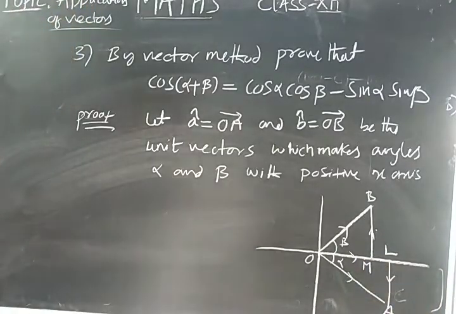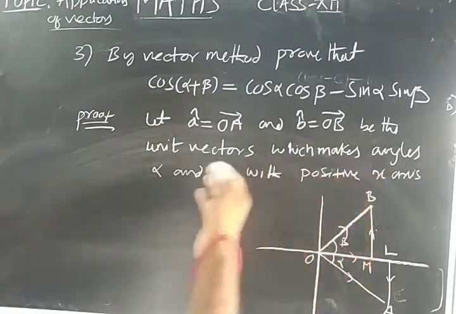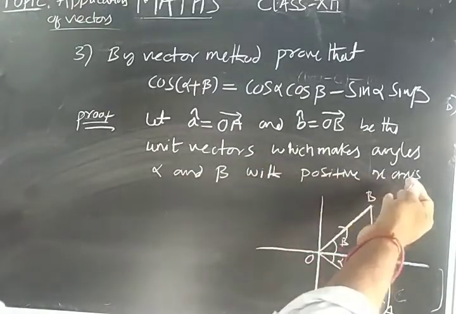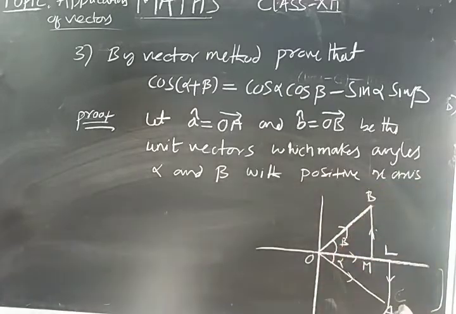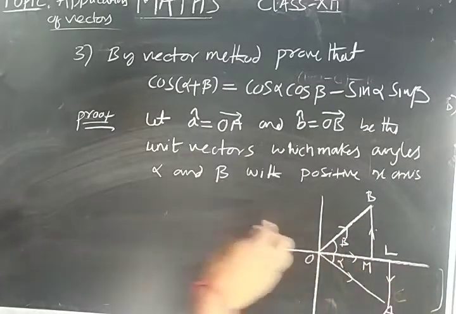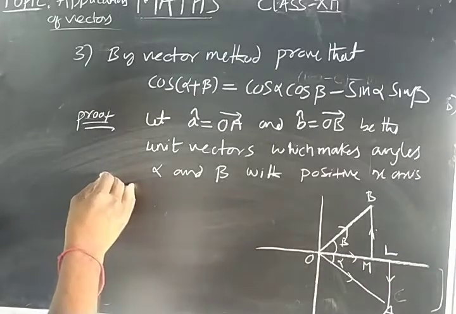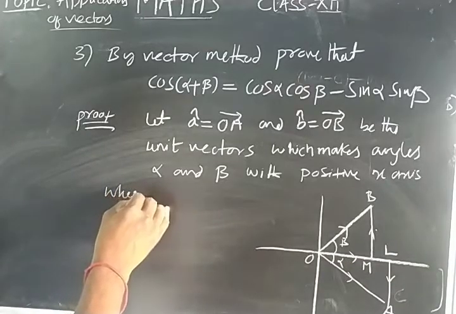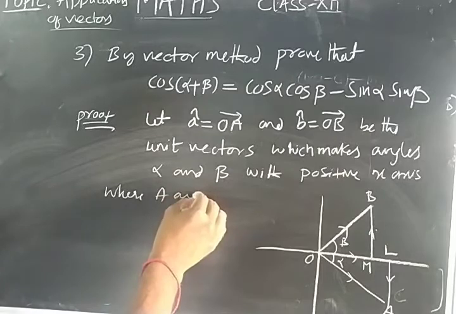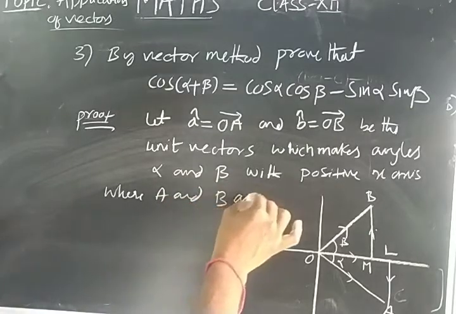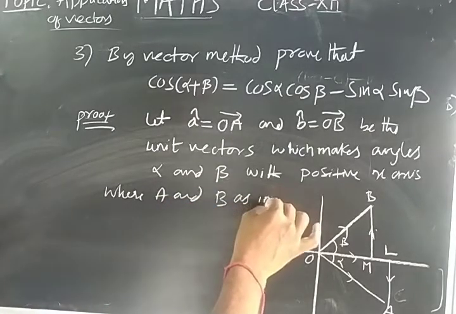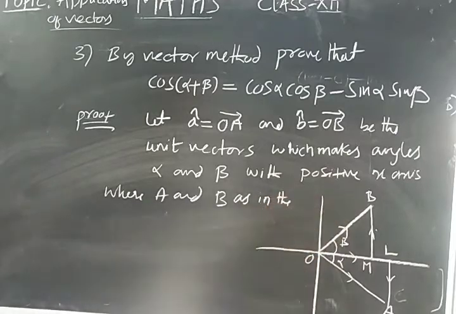Right? So alpha and beta are the angles made by OA and OB with the positive x-axis, where A and B are as in the figure, taking point A in the fourth quadrant and point B in the first.